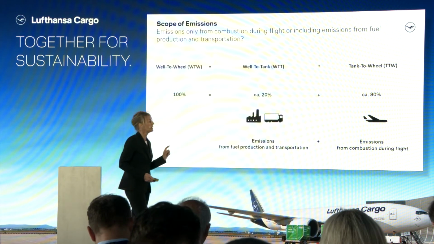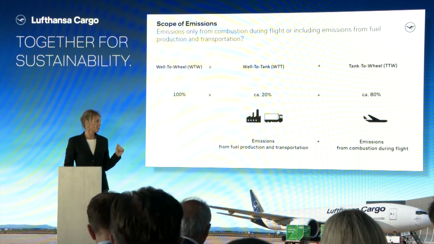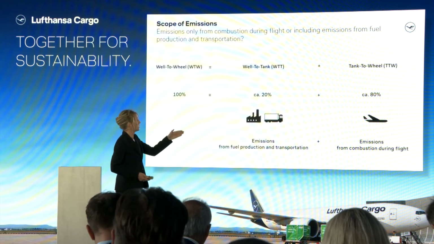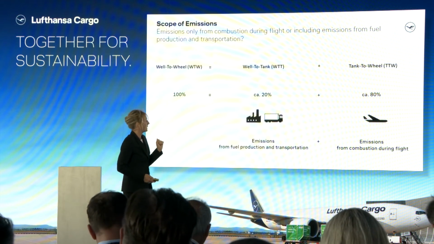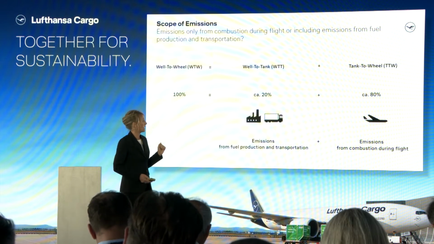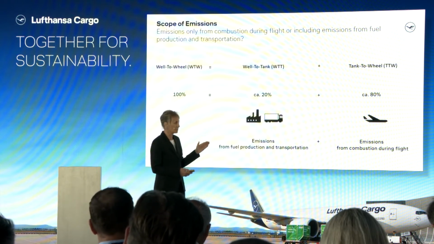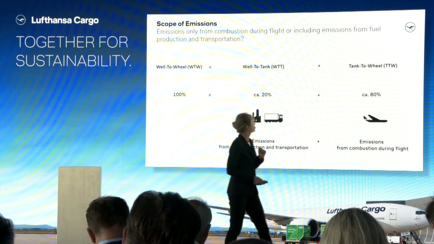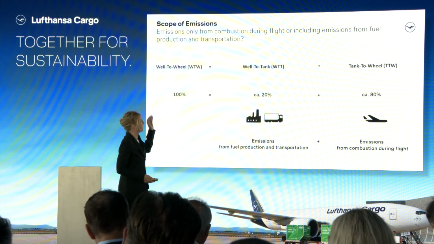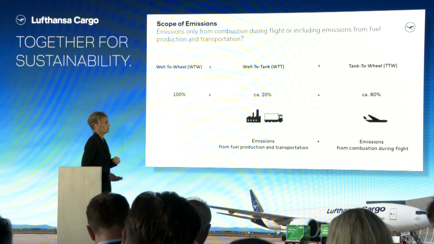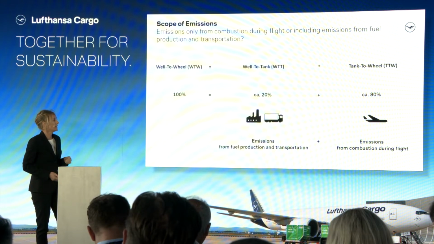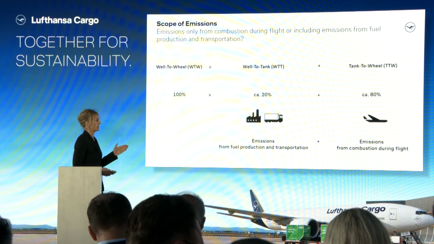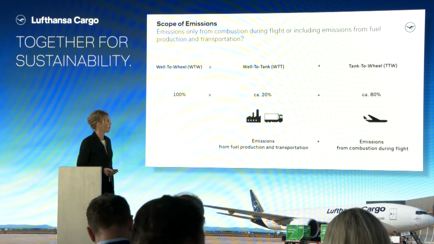Many of the calculation methodologies sometimes use only tank to wheel or well to wheel. Well to tank, we say, is the production and transportation until the fuel is in the tank. And this one is then when it's in the tank and you are able to fly. The whole process, we then say, is well to wheel. And as I said already, with the different methodologies you have results which differ between 20 and 80%.